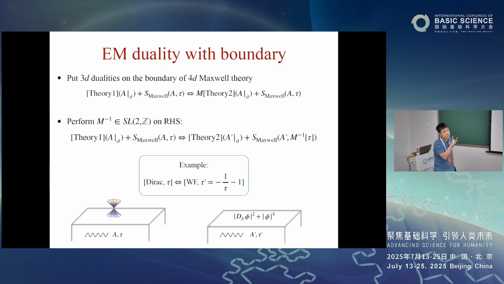No, it's not a symmetry. You can choose this tau to go to some tau prime, like this. Yeah, that's true.